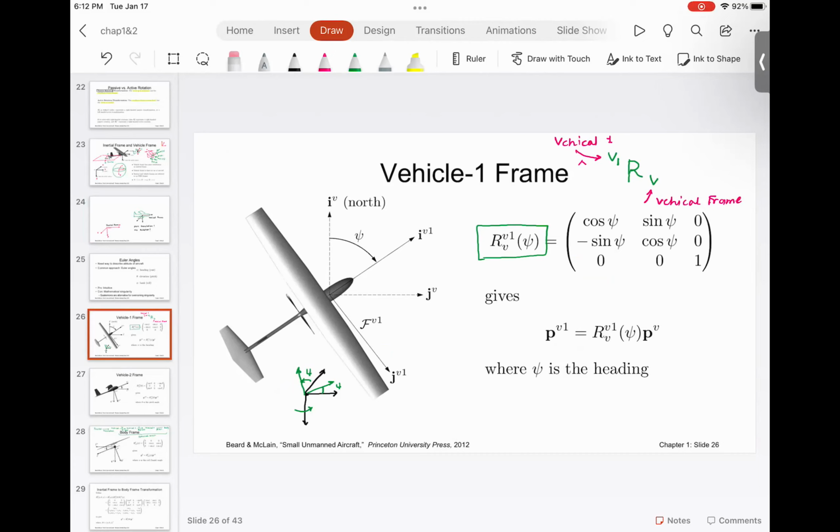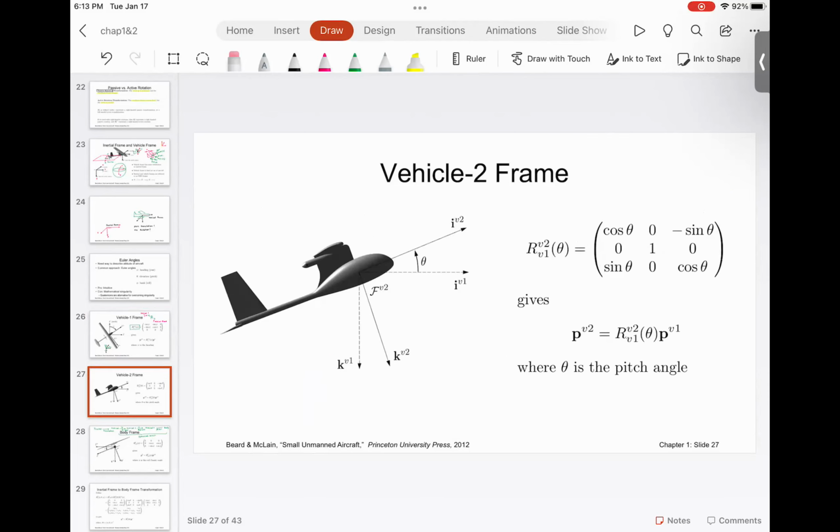But since we have flipped the frame numbering, we are going from the V1 frame to the V frame. That's why we have to use the transpose, and that is the rotation matrix that we get. So the vehicle 1 frame is the rotation matrix corresponding to the yaw rotation of the aircraft.